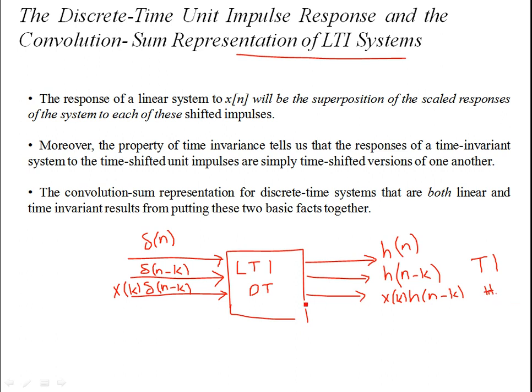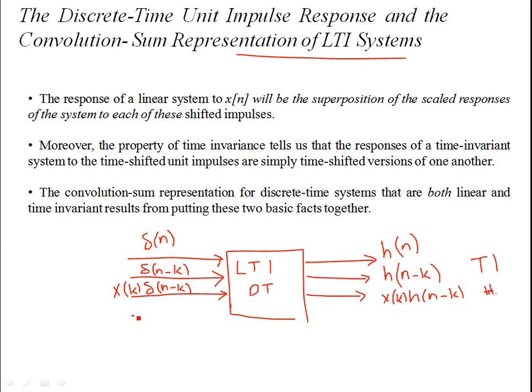The idea is that if I have a zero input, the output cannot be non-zero. Output has to be zero, right? Similarly, if I scale the input by a certain scalar, the output is supposed to be scaled by the same scalar. That's one of the principles of linearity.